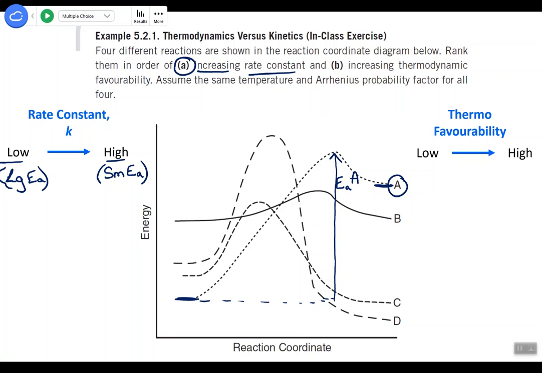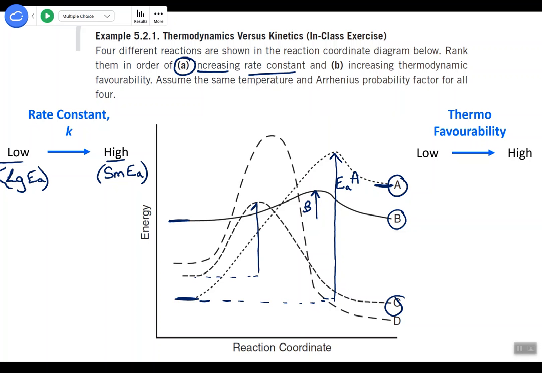Well, we could do this for B next. Here's the starting energy level for B. The activation energy for B is right here. For C, it gets a little tricky to see them apart.